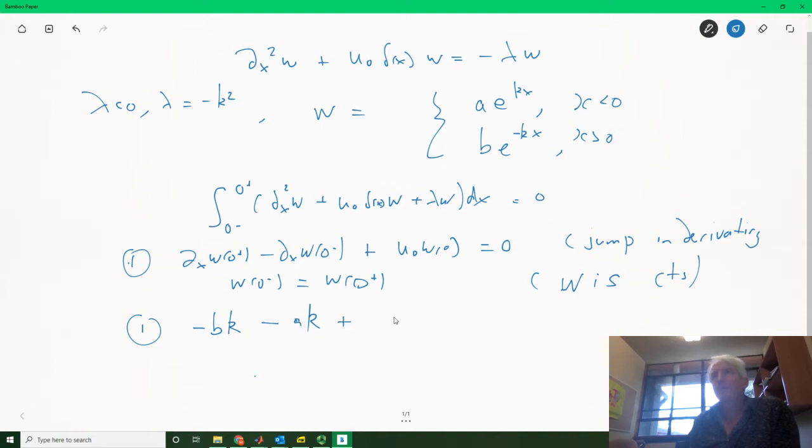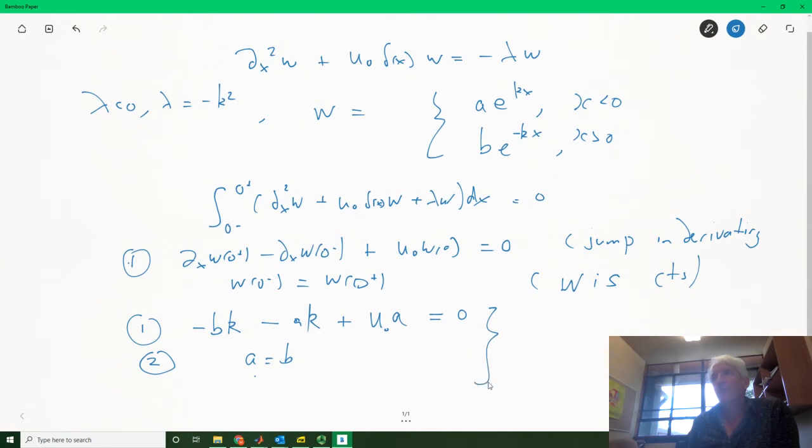Plus u naught w of 0, which is u naught times a, equals 0. Or whatever w of 0 is, because the other condition is that a must equal b. W of 0 plus and w of 0 minus are both equal, and so a must equal b. So it doesn't matter if you take u naught of a or u naught of b here. So that's the system of equations.